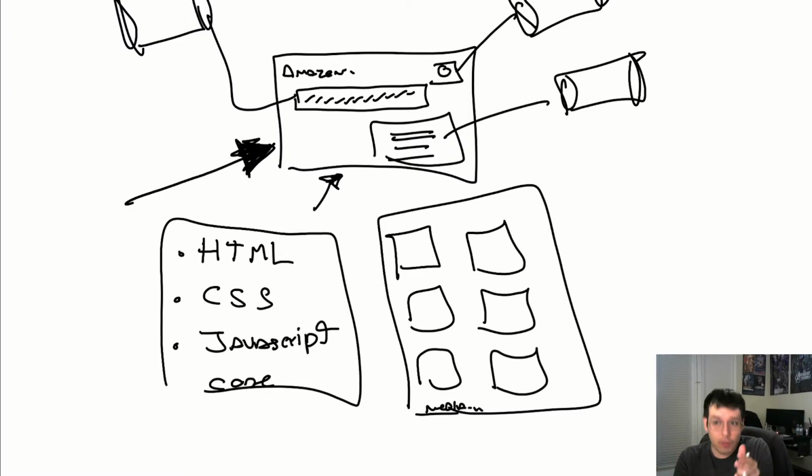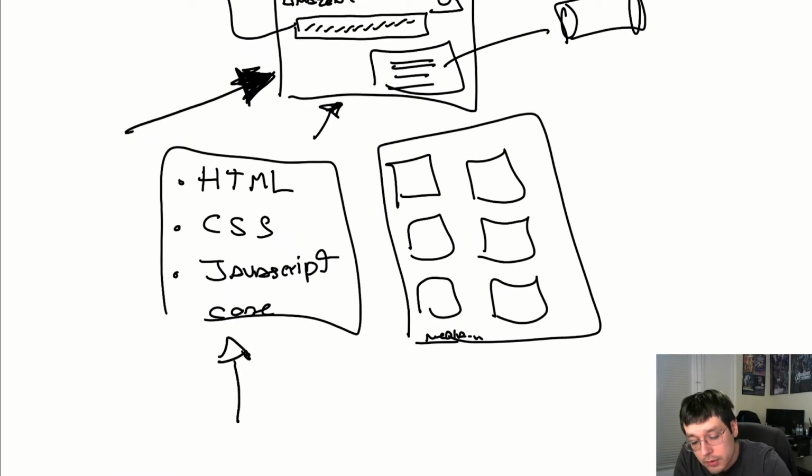We can try to do it from there, but we can also try to do it at this stage when we're getting the code and the media. I'm not saying one way is particularly better than the other. I'm just saying these are different ways that you can get the information. Okay?